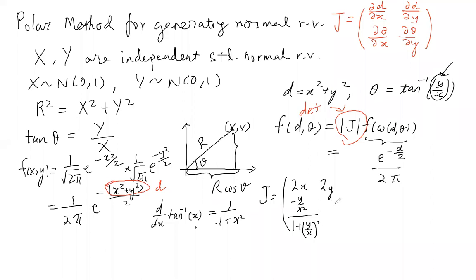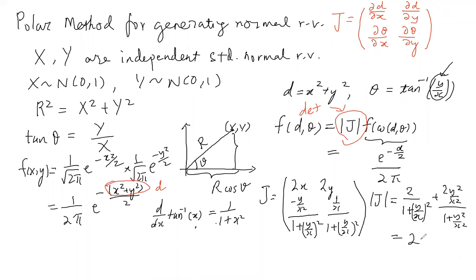So the Jacobian is equal to 2 of this plus 2y squared over x squared of this. So this is equal to 2, right? Okay, because this is basically multiplied by 1. So the numerator and the denominator cancel off each other, okay? Right, so basically you have a 2 here.